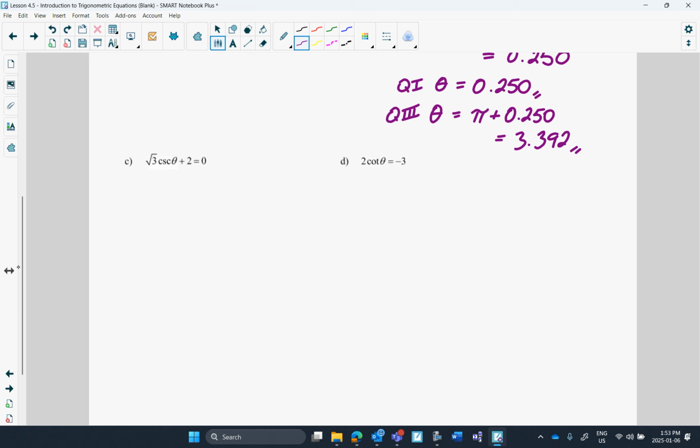Okay, so first of all, let's do the same thing. Let's get cosecant by itself. So I subtract 2 from both sides, and then I divide both sides by the square root of 3.